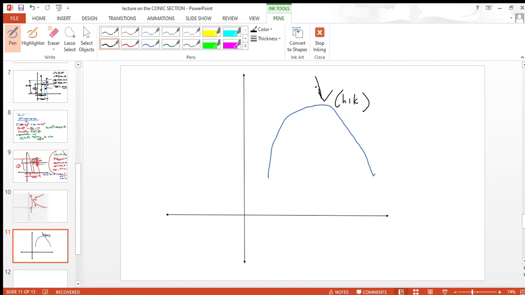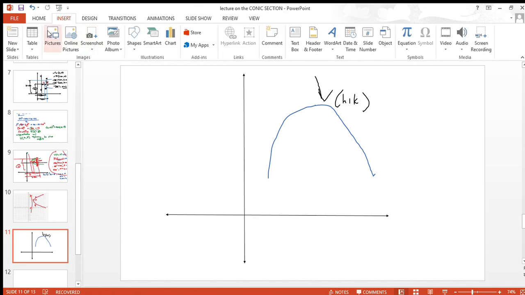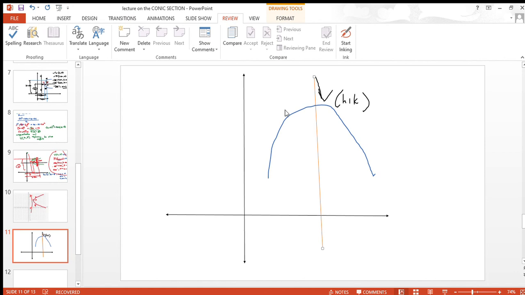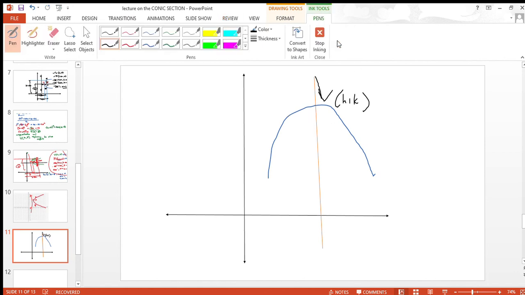And then, if you now draw a line passing through V, that will be your axis of symmetry.